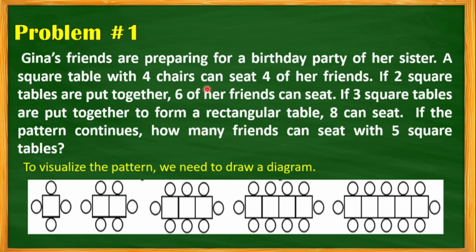So 6 of her friends can sit. So 1, 2, 3, 4, 5, 6. And if 3 square tables are put together to form a rectangular table, 8 can sit. So we have 1, 2, 3, 4, 5, 6, 7, 8.